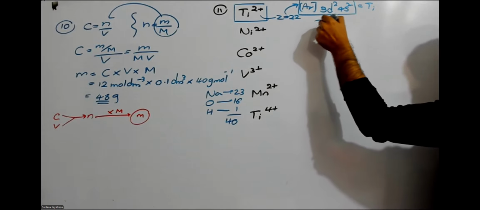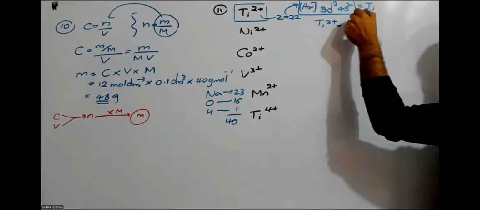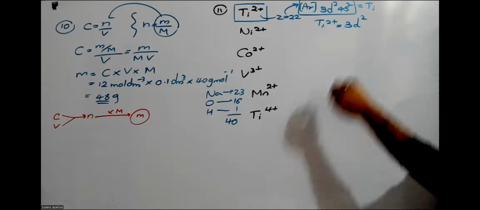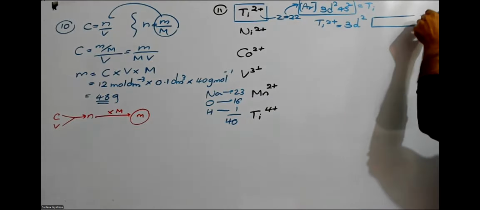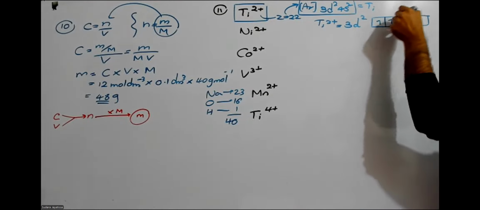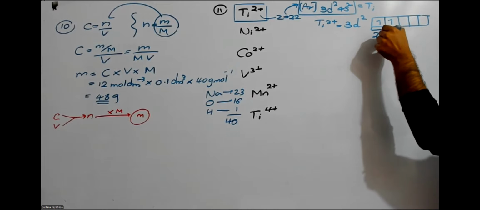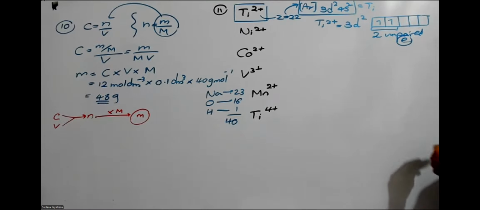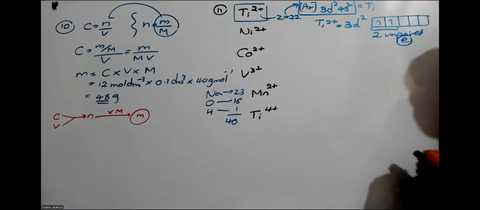So titanium 2 plus is 3d2, because the last 2 electrons are always removed. And how is this 3d2 distributed? One electron per orbital. So there will be 2 unpaired electrons. So this is a correct option, titanium 2 plus.